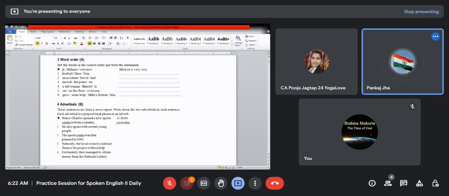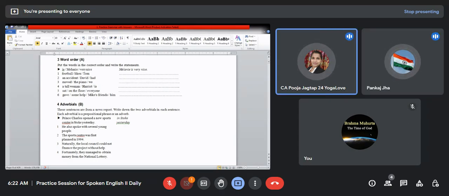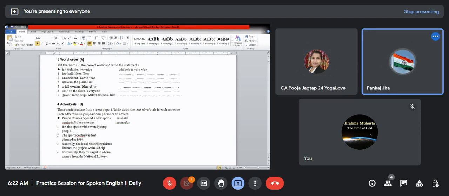Next is: Fortunately, they managed to obtain money from the national lottery. Fortunately is adverbial. They managed to obtain money from the national lottery. What is the answer?